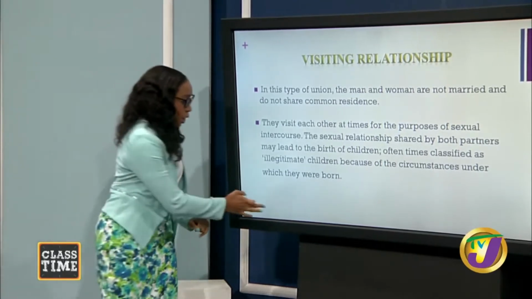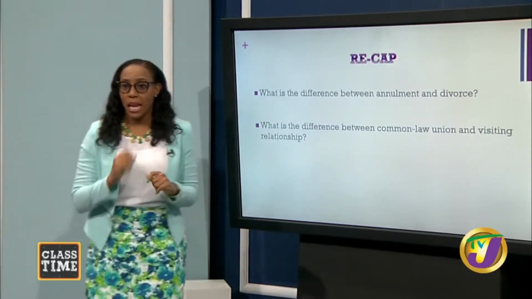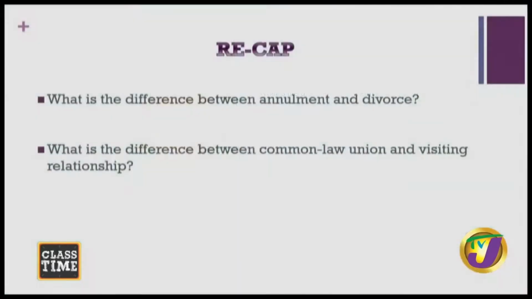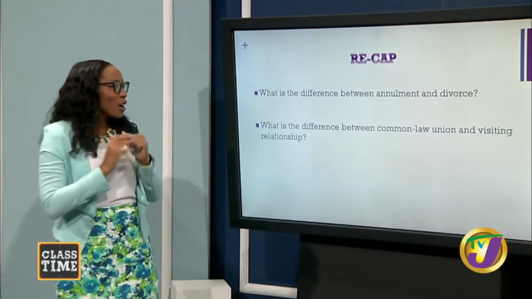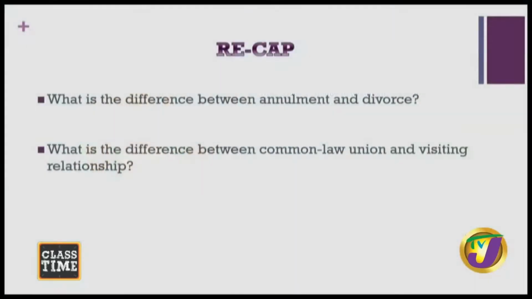Quick recap. I like to do my recap in between to make sure we're paying attention. Yes, Brian, I see you there, focus, let's go. The first question is, what is the difference between an annulment and a divorce?